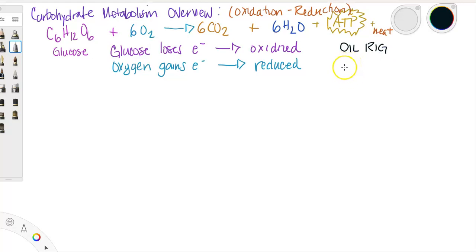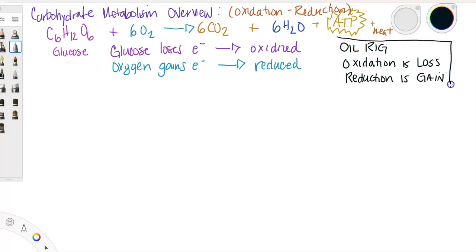So oil rig is oxidation is loss and reduction is gain. And that's how you can remember the oxidation reduction reaction and what is happening.